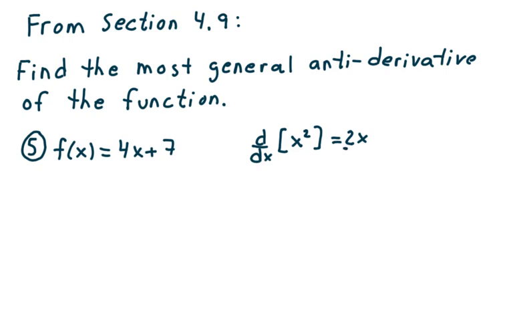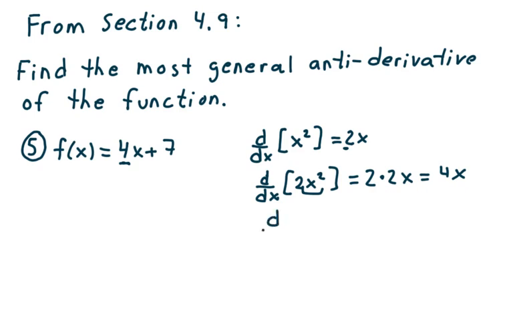But I don't need a 2. I need a 4. So notice that if I take the derivative of 2x squared, isn't that equal to 2 times the derivative of x squared, which is 2x? And that's equal to 4x. That's what I want, right?